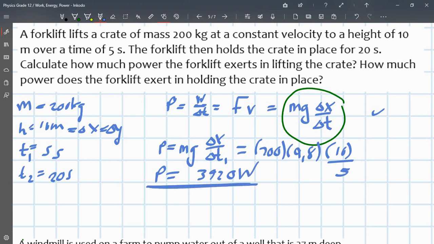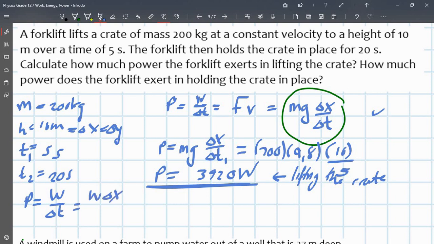Right. Now let's work out the second situation, when the forklift is holding the crate. So we know that power is equal to the rate at which work is done.